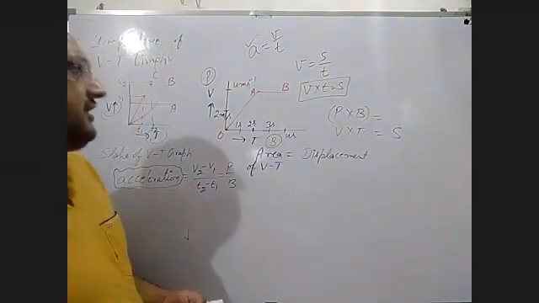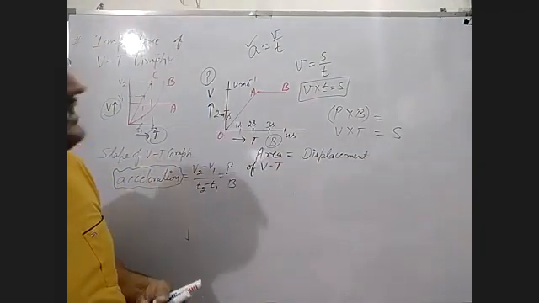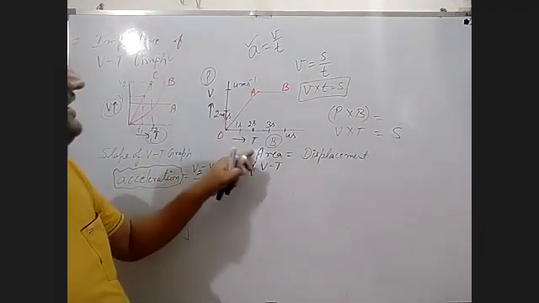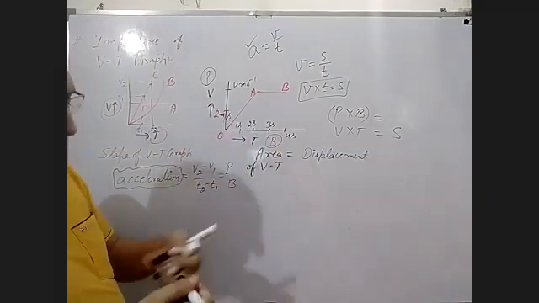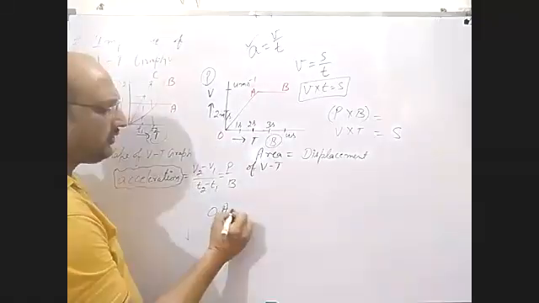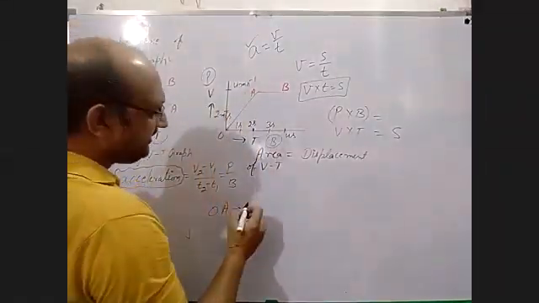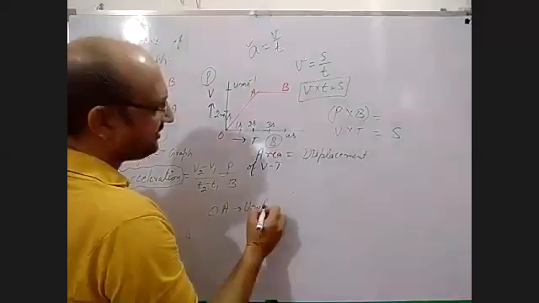Firstly, OA represents what type of motion of the object? This is a velocity time graph. If the VT graph is a straight inclined line, then it shows uniform acceleration.